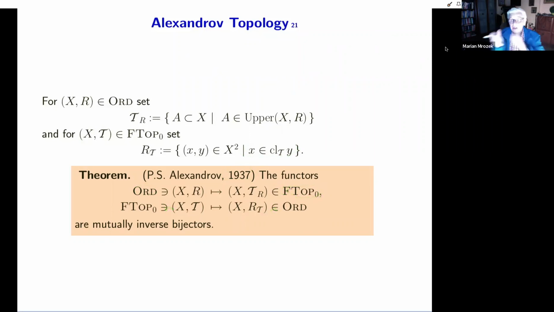So in practice this means that the theory of finite T0 topological spaces is the same as the theory of partial orders, which gives you a lot of flexibility because there are a lot of algorithms for posets, and you can translate every problem in finite topological spaces to a poset theory problem.